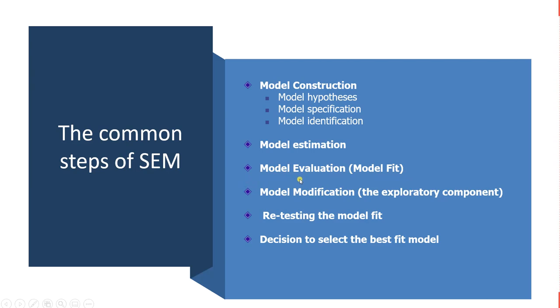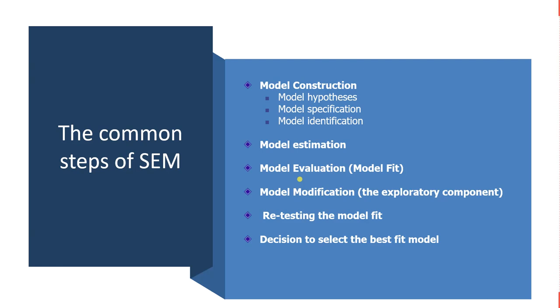But if we are working in the alternate model generation scenario or the third scenario, then model modification may be permitted, and we try to modify the model, generally by removing some of the paths, deleting some of the variables, and then we again evaluate the model, and we do it in an iterative fashion till we arrive at a best fitting model.